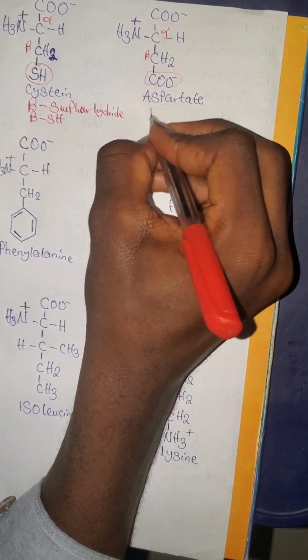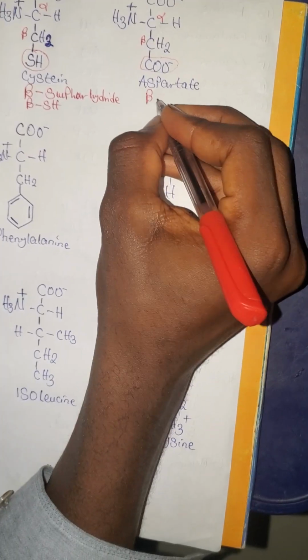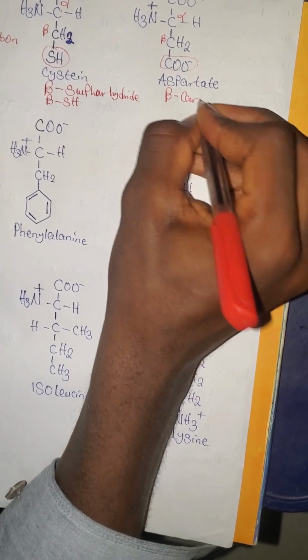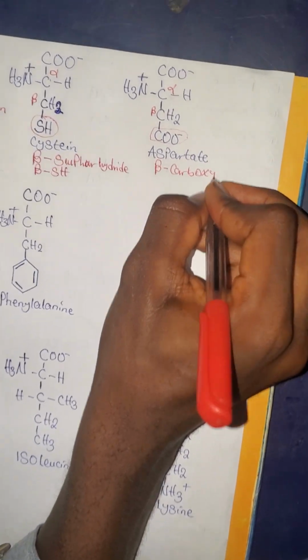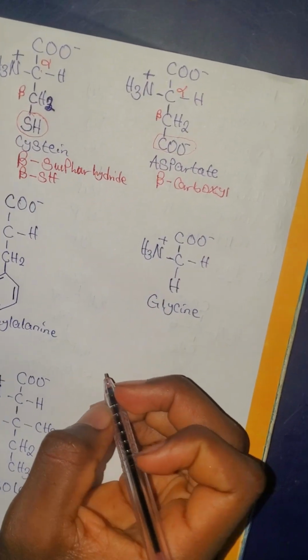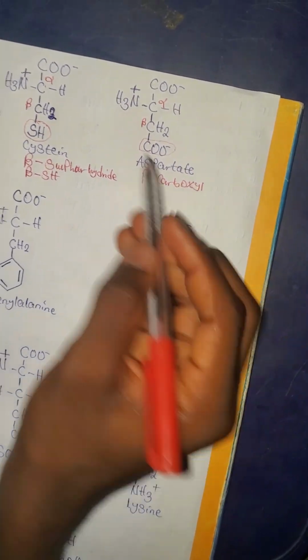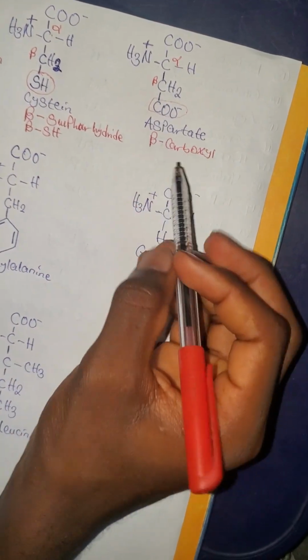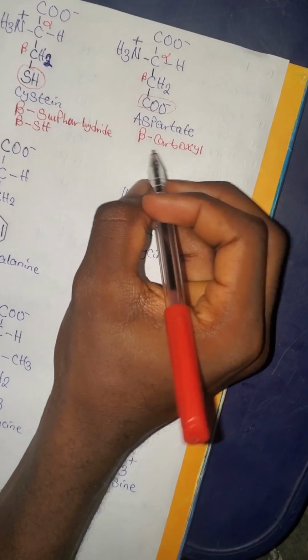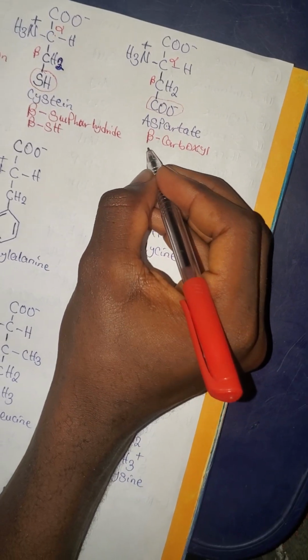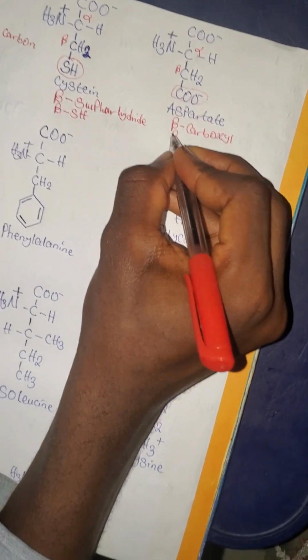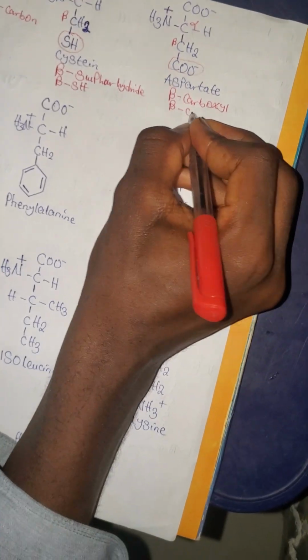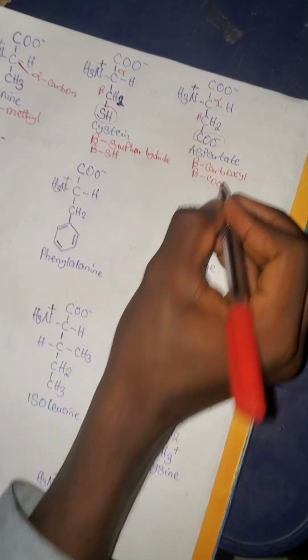So it's going to be beta carboxy. Are you getting it? Beta carboxy. So this is just a short way to remember the structure of aspartate, or you can just say beta COO minus.